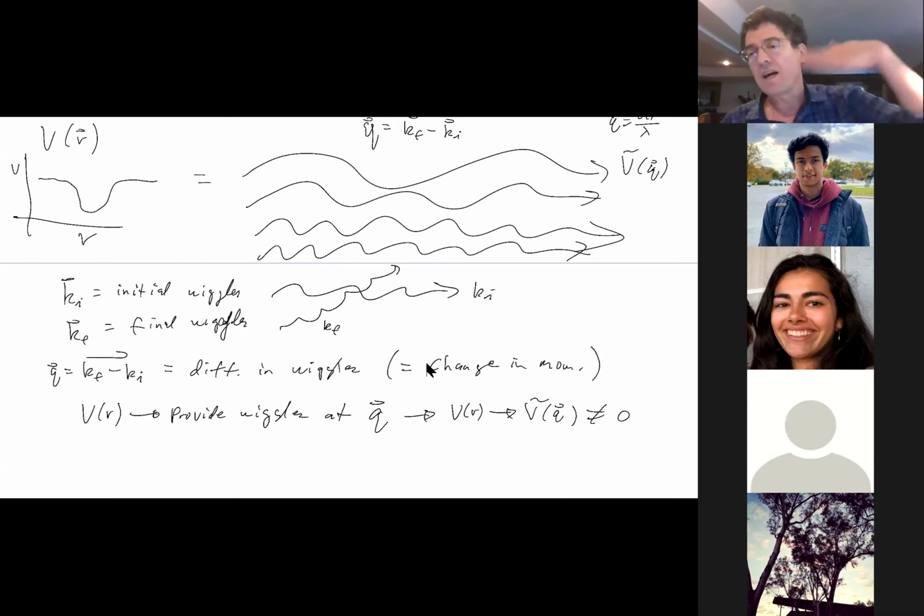I got a momentum like this, and then a momentum like that, and the potential has exactly the difference in momentum. What does that remind you of? Conservation of momentum. Yes, exactly. That's what I wanted you to say. We just derived conservation of momentum.